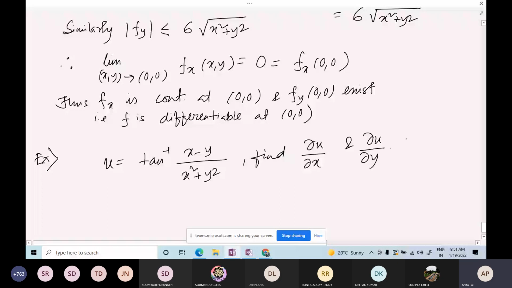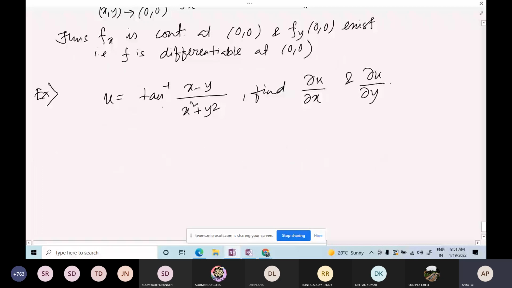The function is given as u equals tan inverse of (x − y)/(x² + y²). First we have to find out what is del u del x. How will you find del u del x?